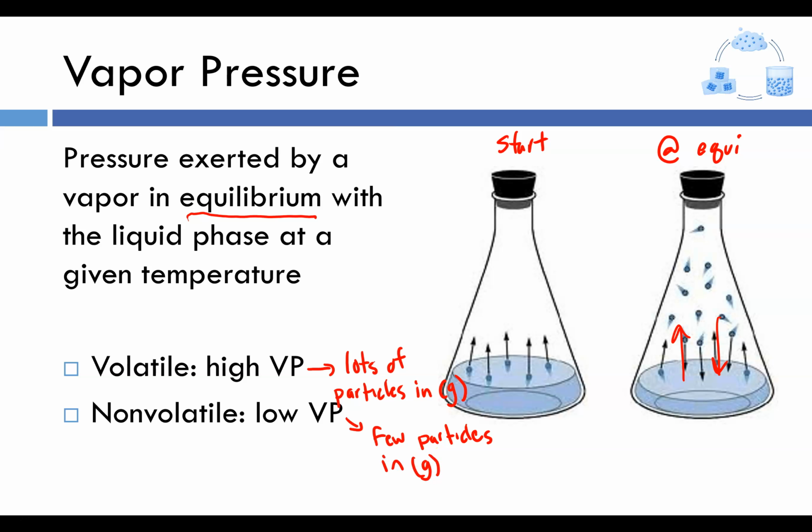If we try to relate these ideas of volatility and vapor pressure back to boiling point and intermolecular forces, what do you think the relationship might be? If you have a volatile substance, so something when it reaches vapor pressure, it equilibrates, has tons and tons of particles in the gas phase, what must be true about its boiling point and intermolecular force strength?